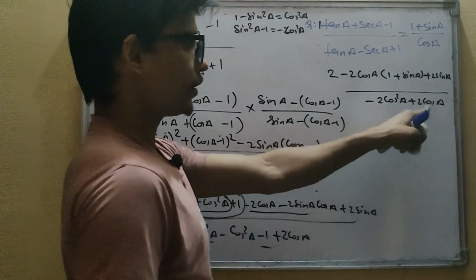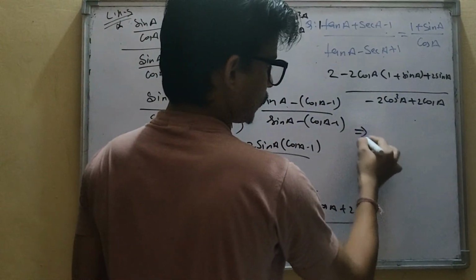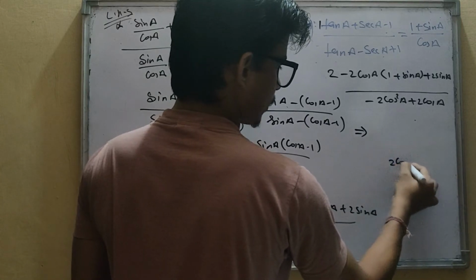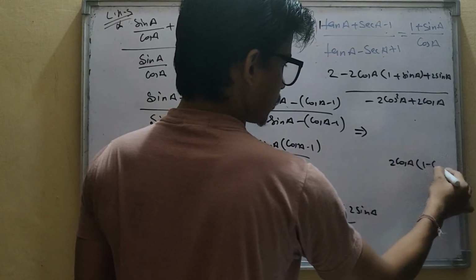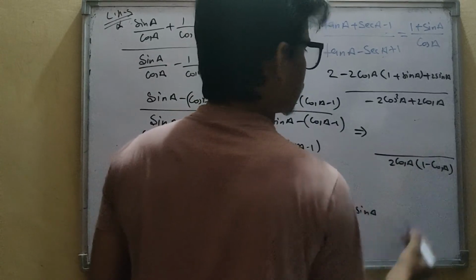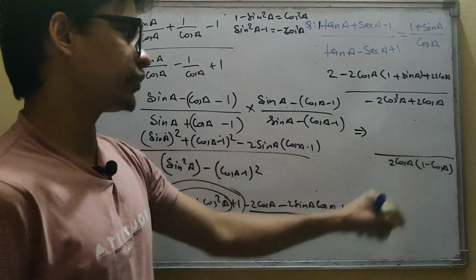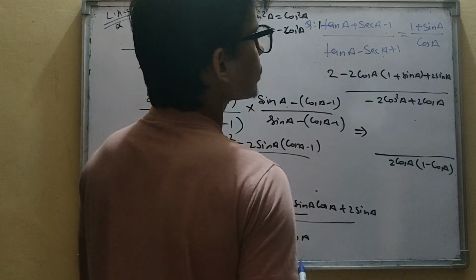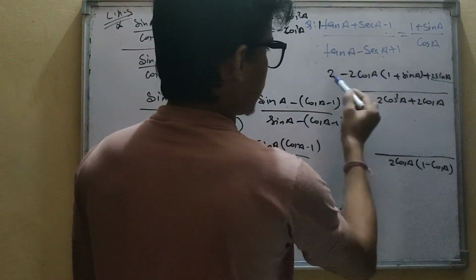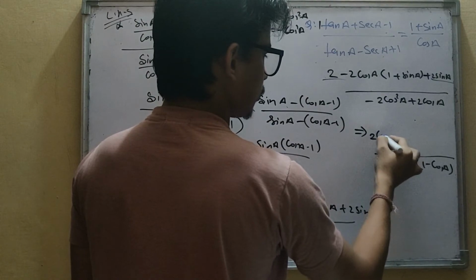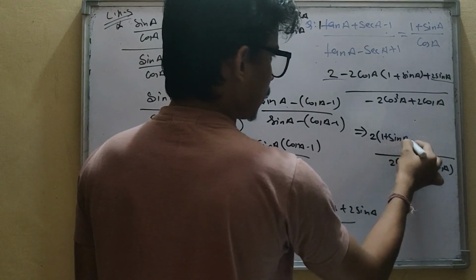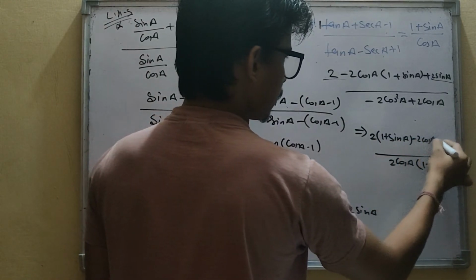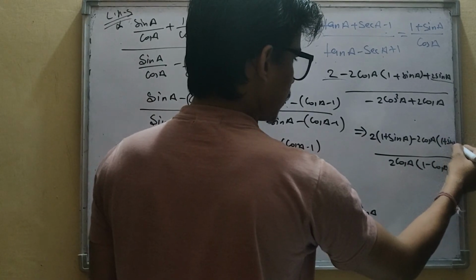Now here, from the denominator you can take 2 cos a as common, so it is going to be 1 minus cos a, right? If I take 2 cos a as common, it is going to be this. Now from here, from this and this, take 2 as common, so it is going to be 1 plus sin a minus 2 cos a and 1 plus sin a, right?